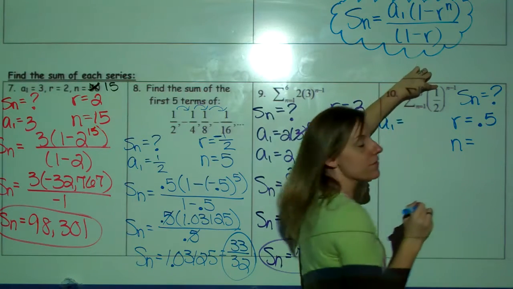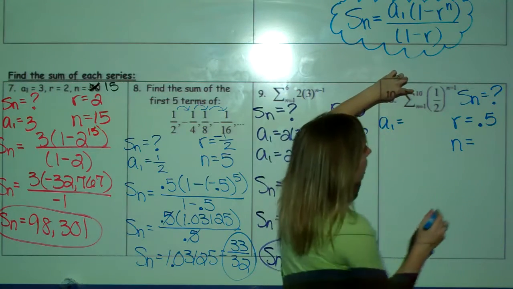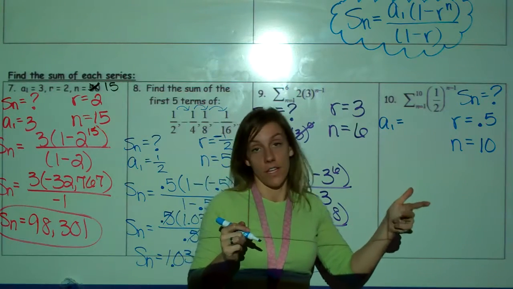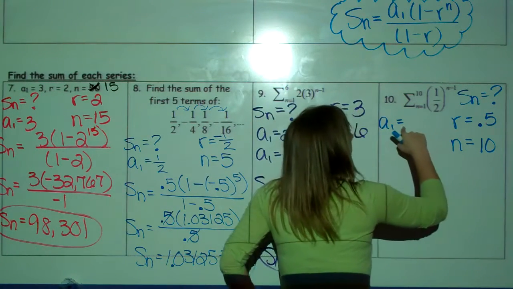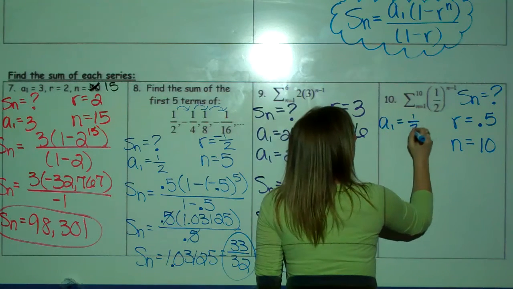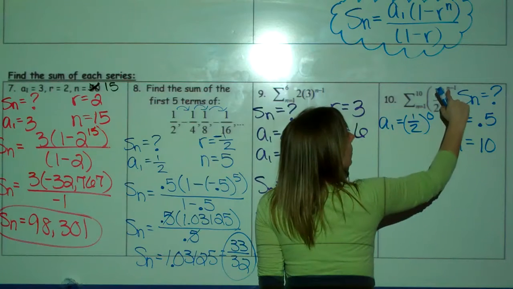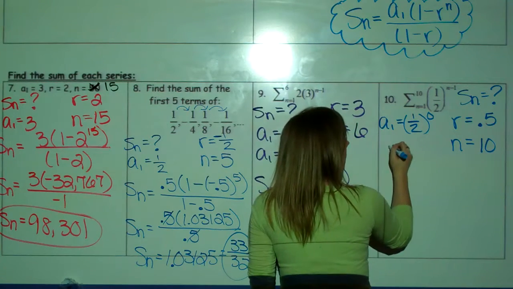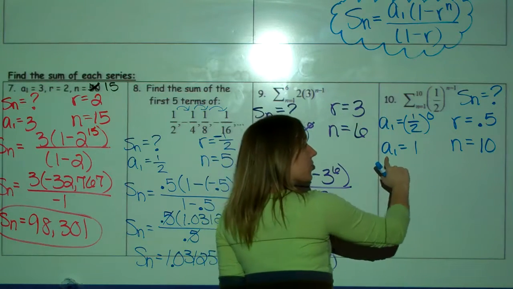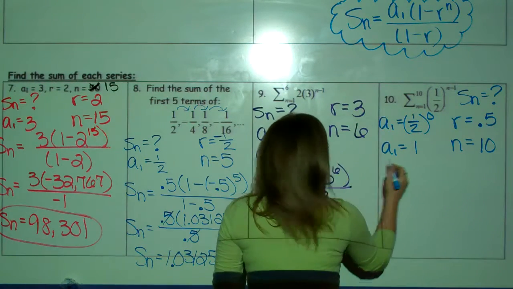I'm going to use 0.5. The number of terms is from 1 to 10. So if I count 1, 2, 3, 4, 5, 6, 7, 8, 9, 10. So that's 10. The first term is when we put in a 1 right here. Well, 1/2 to the 0, because that'd be 1 minus 1, which is 0, is just 1. Okay? So here's the first term, there's the ratio, there's the number of terms.